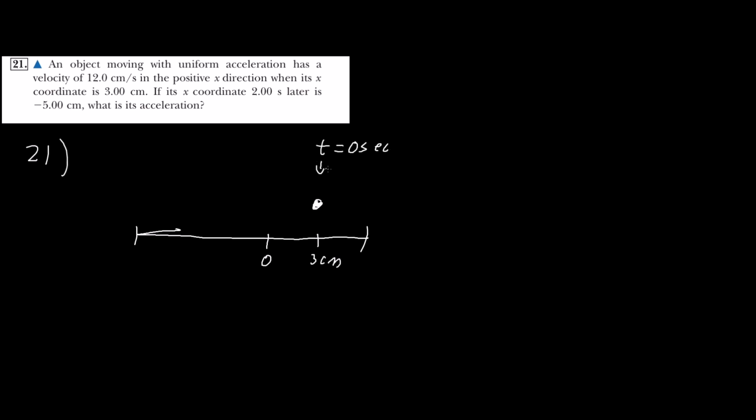So at t equals 0 seconds, that's when it is at this point. And its velocity is going to be 12 centimeters per second. 2 seconds later, so at 2 seconds, its position is going to be negative 5 centimeters.